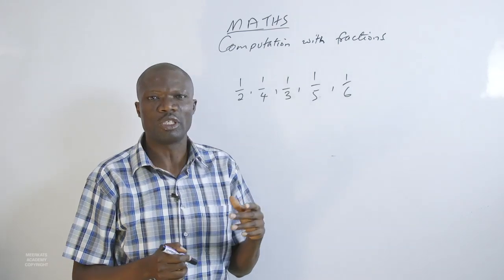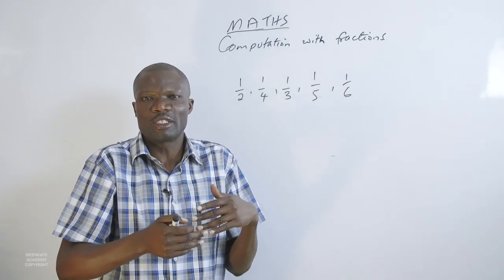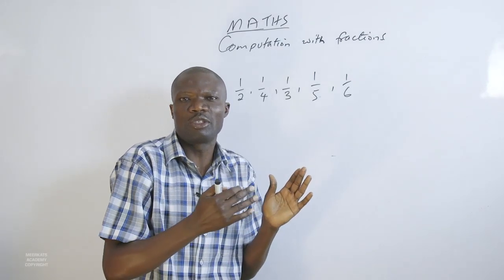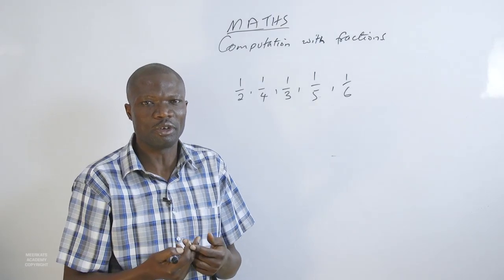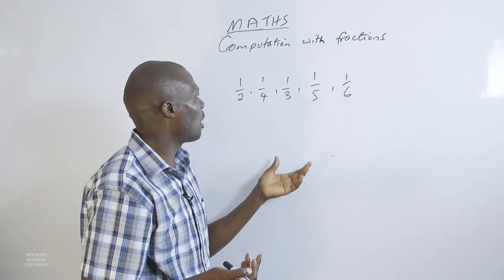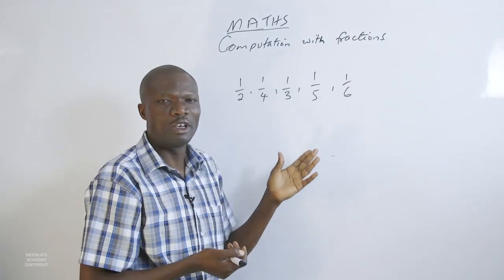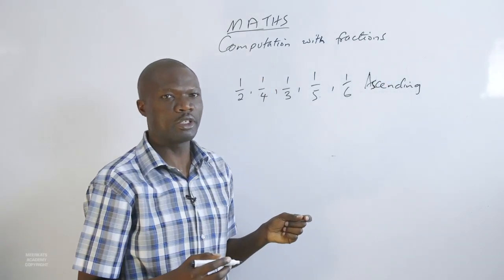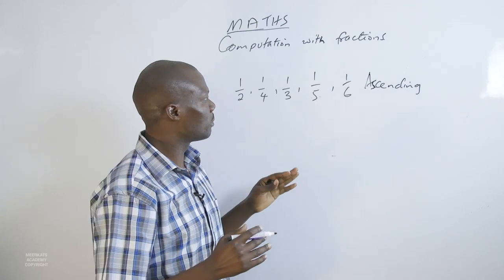We want to see which one amongst these is smallest, or which one amongst these is the largest or has got the larger value. And also, how do we arrange them? So I want us to arrange these fractions in an ascending order.